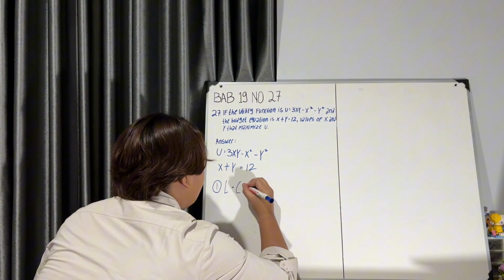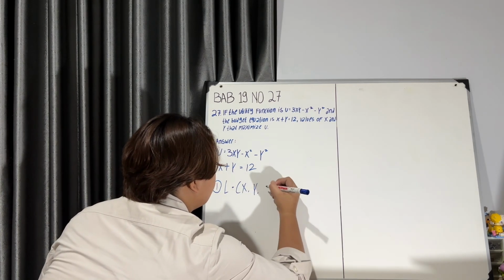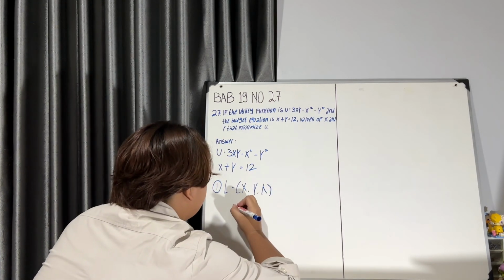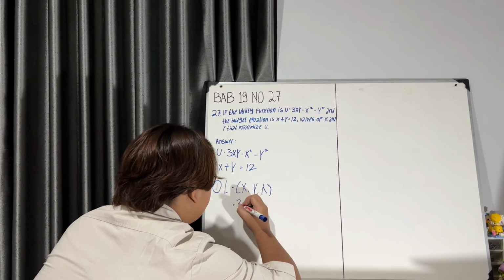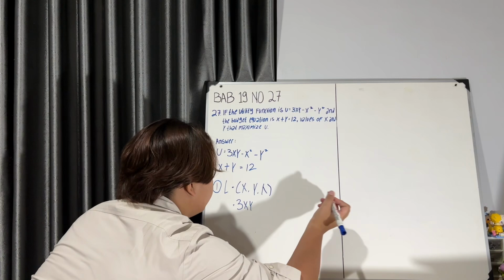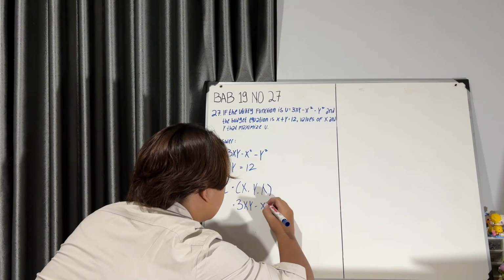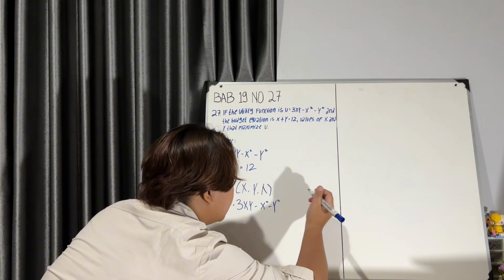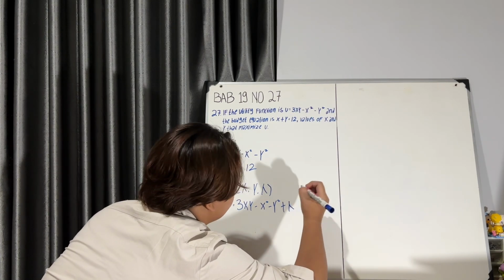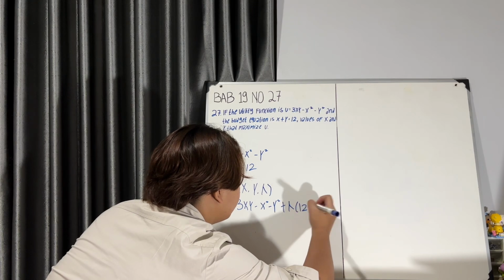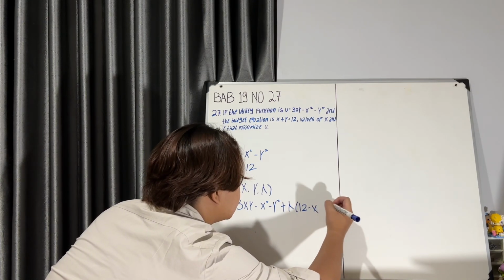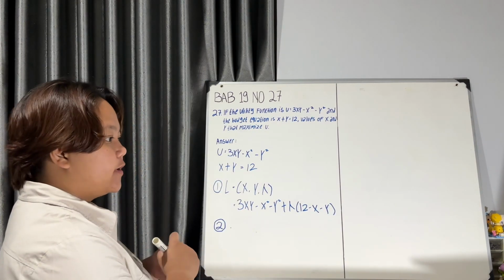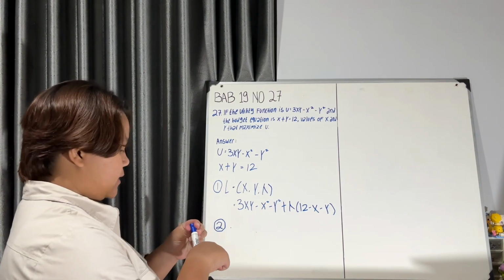The Lagrange function is 3xy minus x squared minus y squared plus lambda times 12 minus x minus y.